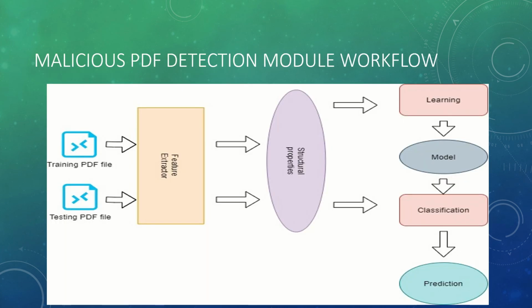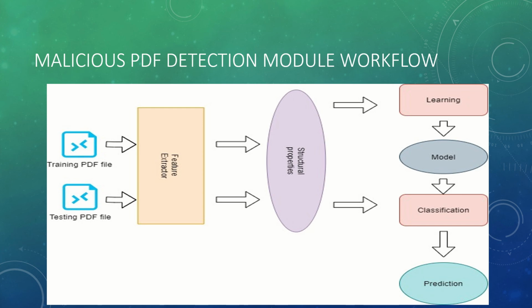So, the proposed malicious PDF detection module workflow, as we can see here: there will be a distribution of the dataset into two categories, the training PDF files and the testing PDF files. The feature extractor module will be designed with the help of a tool named PDFiD, designed by Didier Stevens.